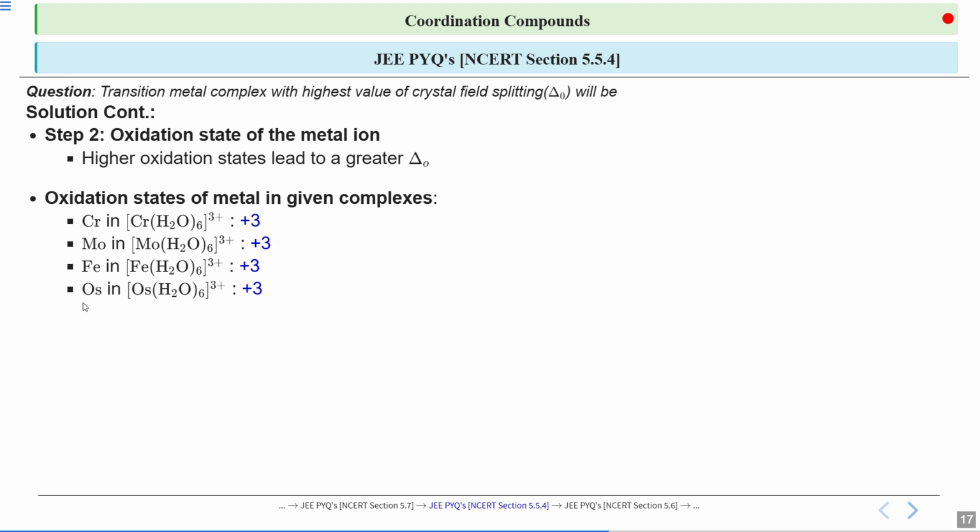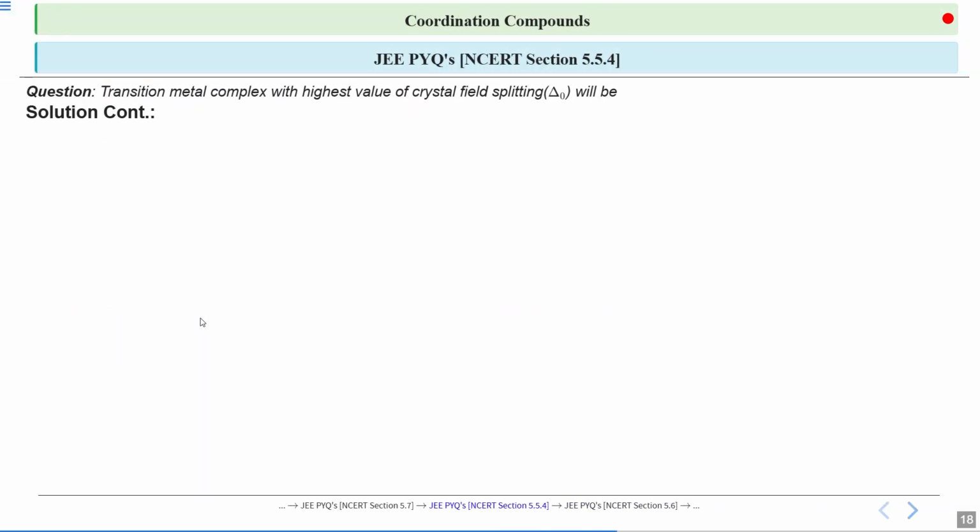Similarly, the last complex, [Os(H2O)6]3+, has osmium in the +3 oxidation state for the same reason. So after looking at the ligand and the oxidation state of the central metal atom, they are all the same in the given 4 complexes, right? Now we have to find another factor.